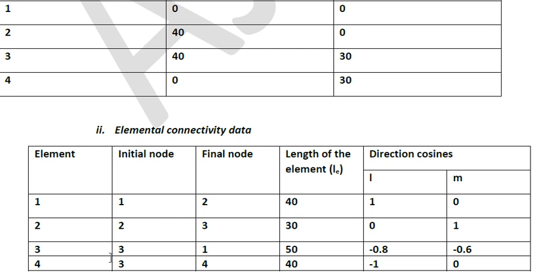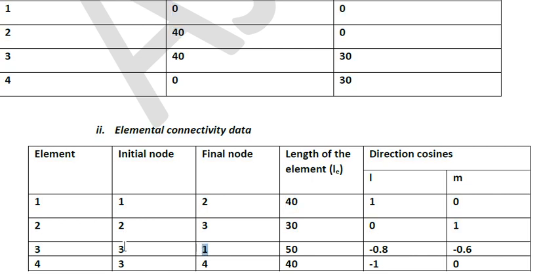Similarly, element 3 has initial node 3, final node 1. Degrees of freedom will be 5, 6, 1, 2. Here the degrees of freedom is 1, 2, 3, 4 for element 1, here it is 3, 4, 5, 6, and here it is 5, 6, 1, 2. Now, be careful.